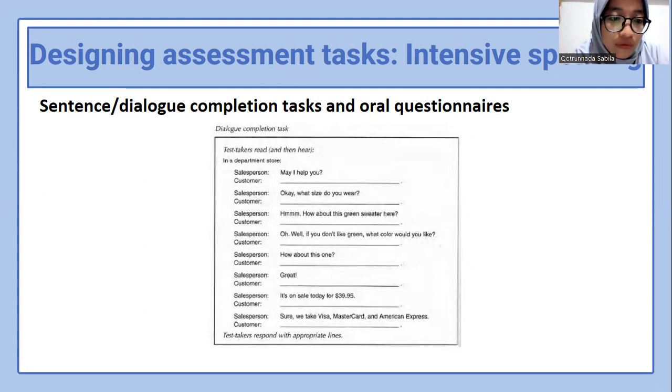Test takers are first given time to read through the dialogue to get its gist and to think about appropriate lines to fill in. Then, the teacher or test administrator speaks one part orally, and the test taker responds, and then you can see the examples right here about dialogue completion test.